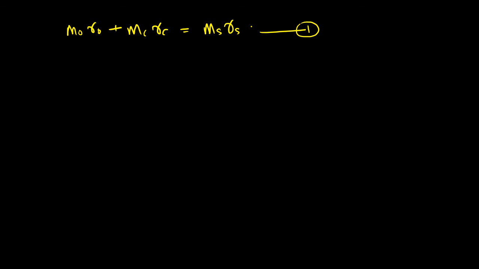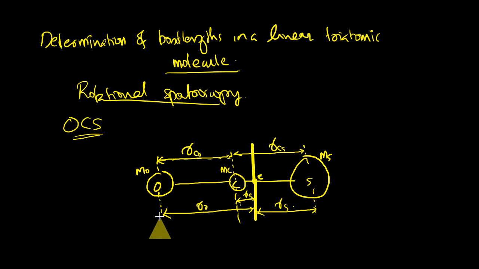Now let me write the moment of inertia of the molecule. I is equal to MO RO squared, that is, the mass MO rotating with radius RO, plus the moment of inertia of carbon and the moment of inertia of sulfur, so plus MC RC squared plus MS RS squared.